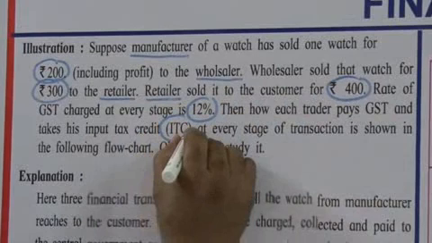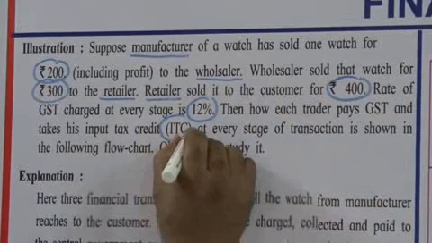Now this manufacturer which manufactures any good gives it to the wholesaler. The wholesaler transfers it to the retailer and the retailer gives it to the customer. Therefore, there is a chain from businessman to businessman, B2B, businessman to businessman, B2B, and businessman to customer.